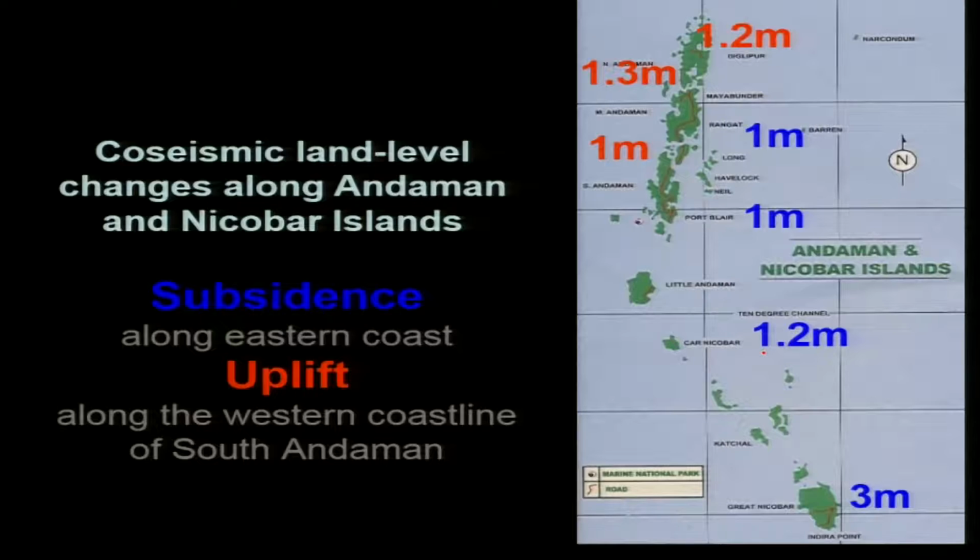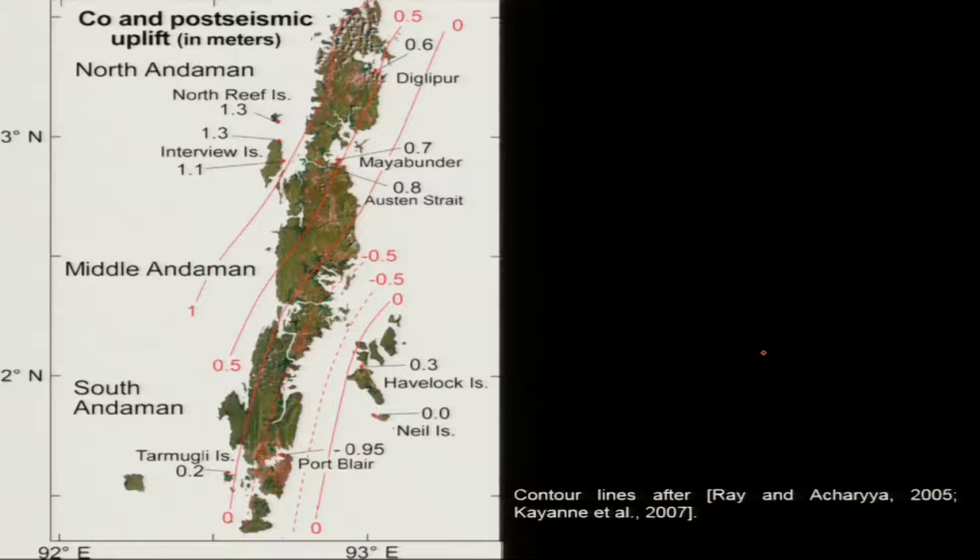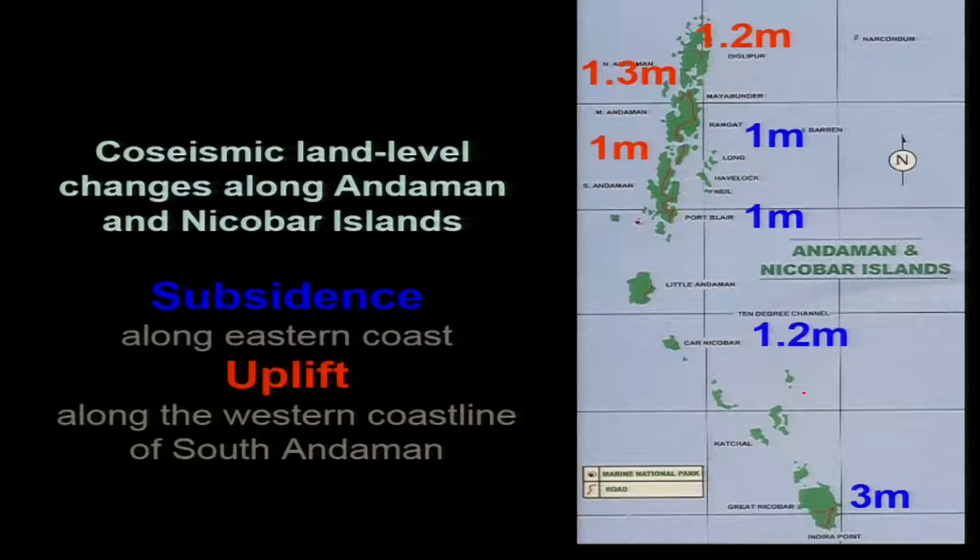Welcome back. So, this was the slide which we left during the last lecture, and as I told, the blue ones are showing subsidence and the red ones are the uplift. So, very detailed observations which we made, particularly for the Andaman Islands, because if you look at this one, these are termed as the Nicobar Islands, and this part is the Andaman Island.